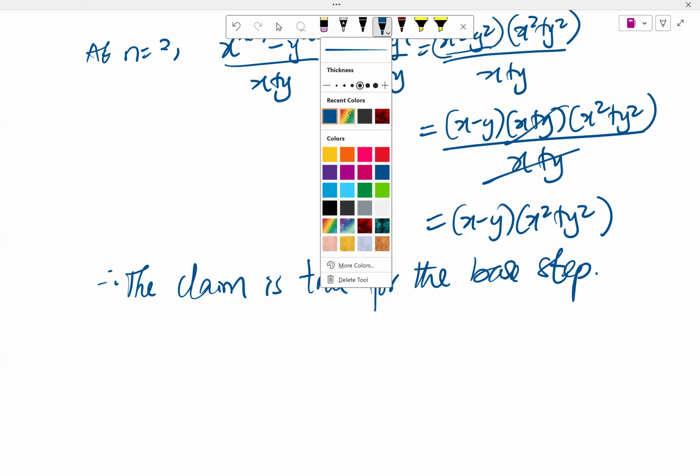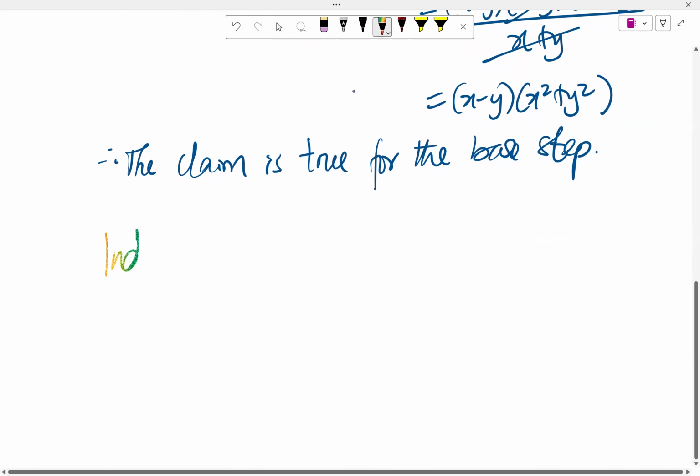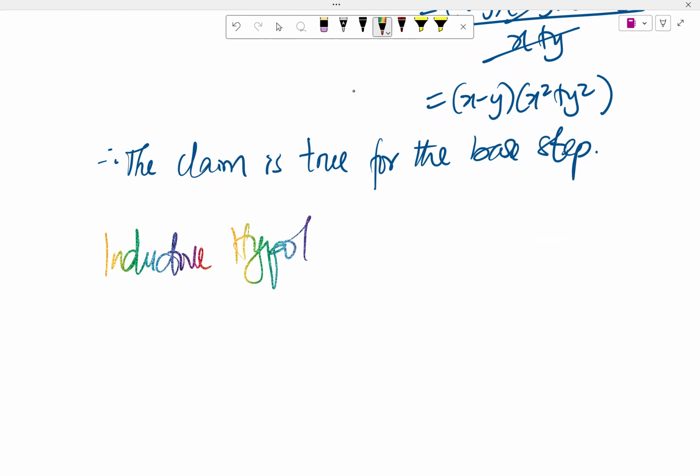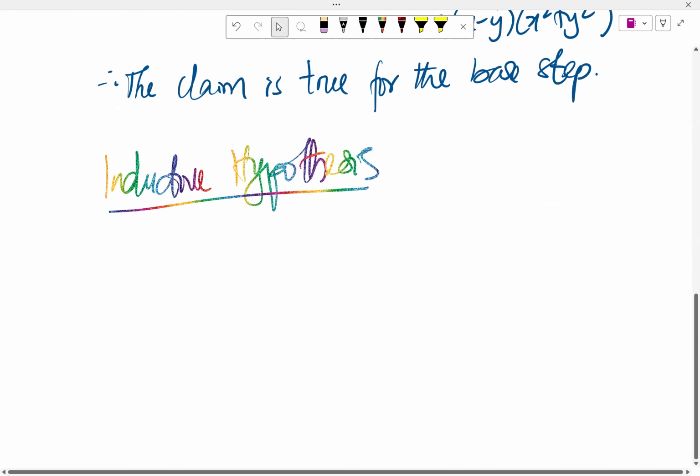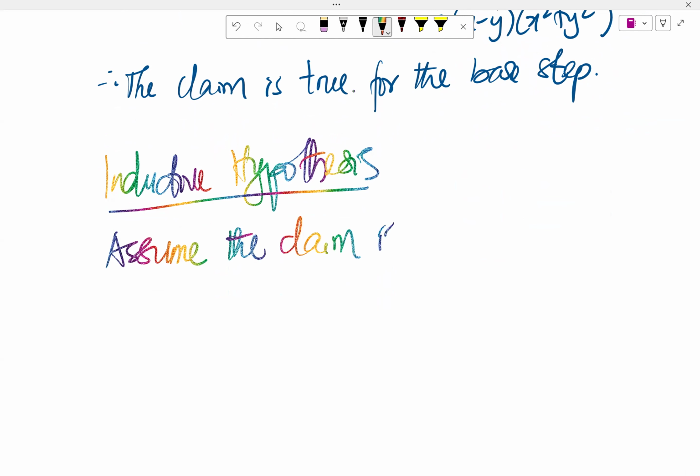So let's go on to talk about the inductive hypothesis. What is the inductive hypothesis now? We assume the claim is true for n equals k.